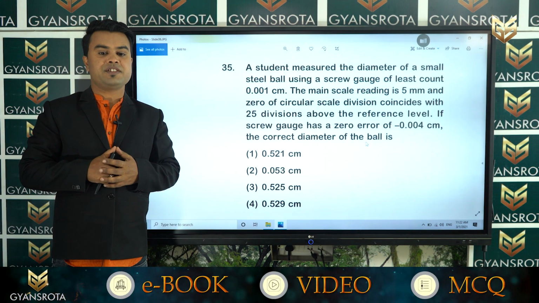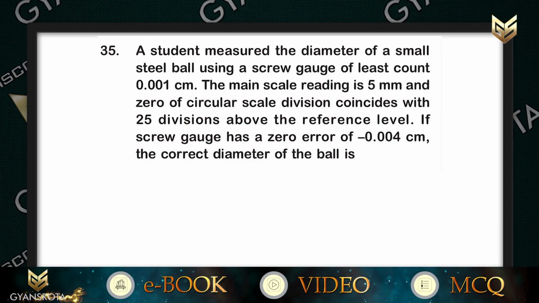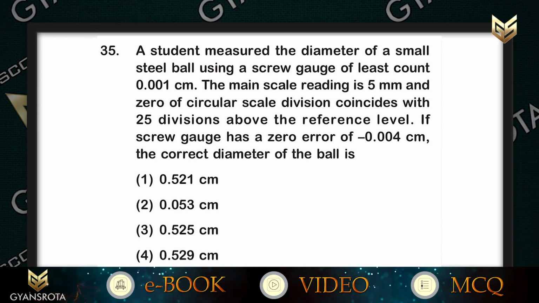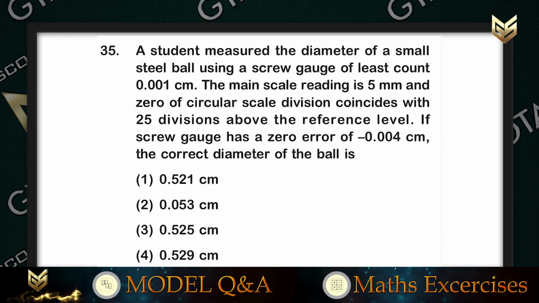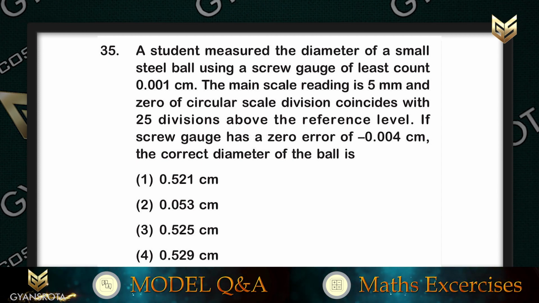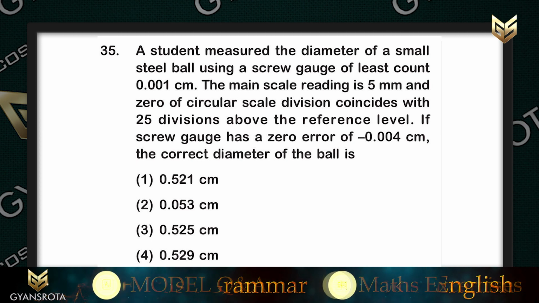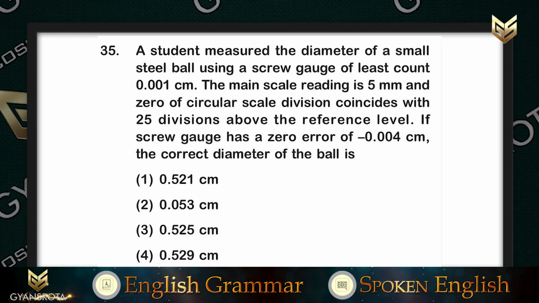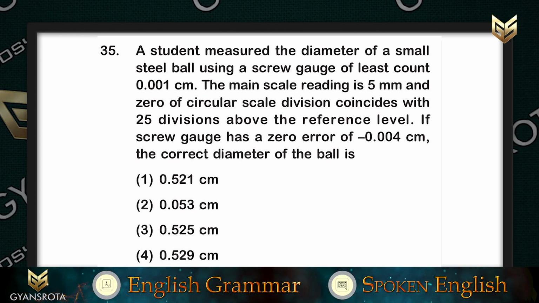Question number 35, it says that a student measured the diameter of a small steel ball using a screw gauge, right, of least count 0.001 centimeter. This is a question from class 11 from the measurement chapter.